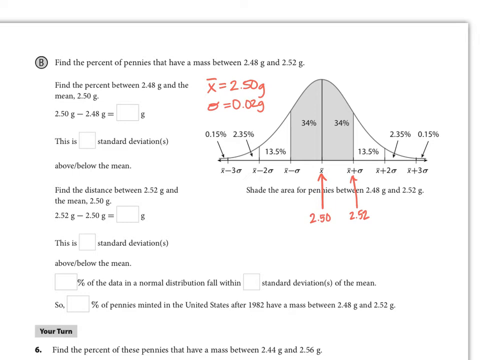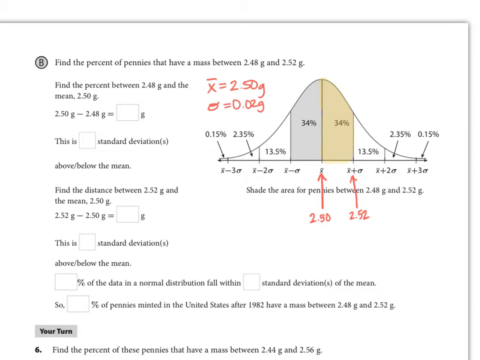So what this graph is saying so far with the numbers I found is that from here, I'm going to highlight this in yellow, this whole area right here, I know that 34% of the pennies that I find are going to weigh from 2.50 grams to 2.52 grams. 34% of all the pennies.